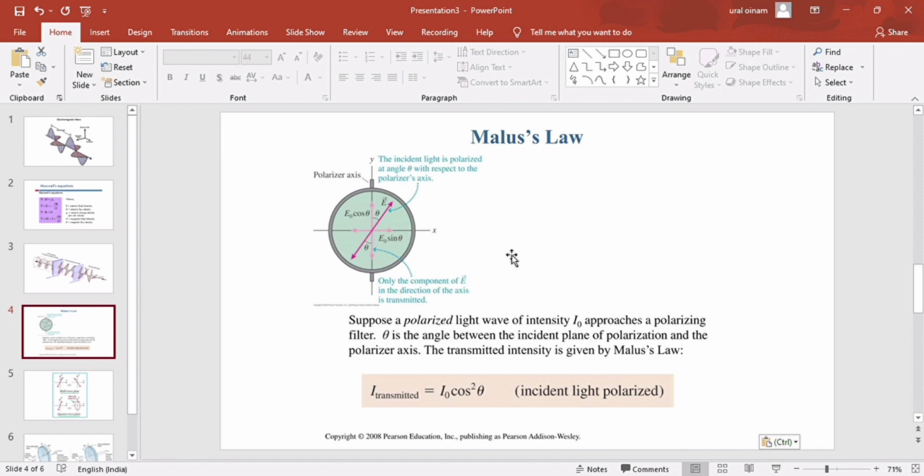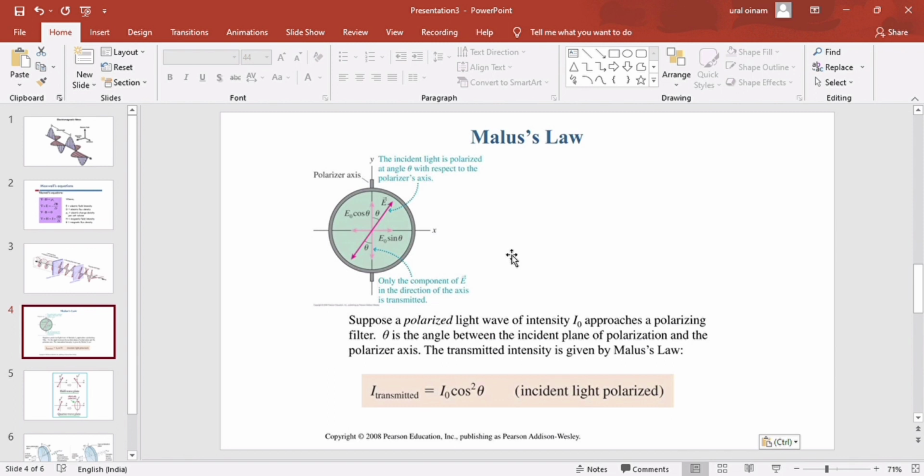It quantifies how the intensity of light is reduced as a function of the angle between the initial polarization direction of the light and the axis of the polarizer.